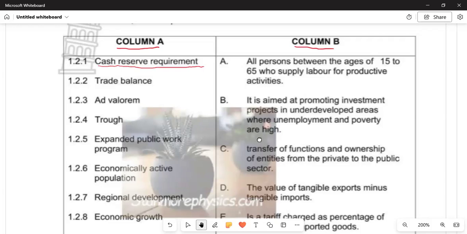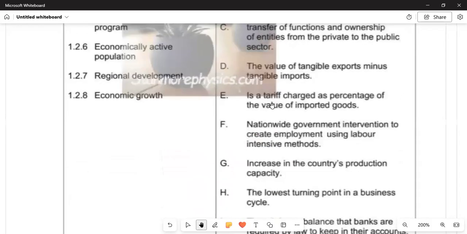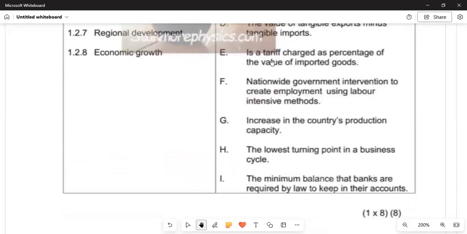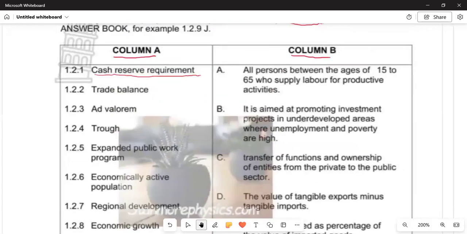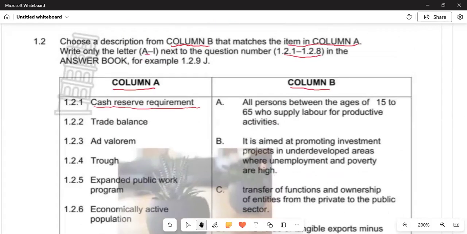As we go, you can see the I is going to be the correct answer to match our cash reserve requirement. So it means now we are going to write what?